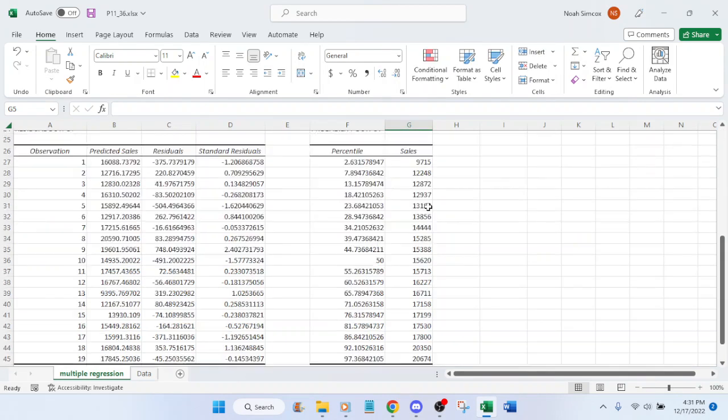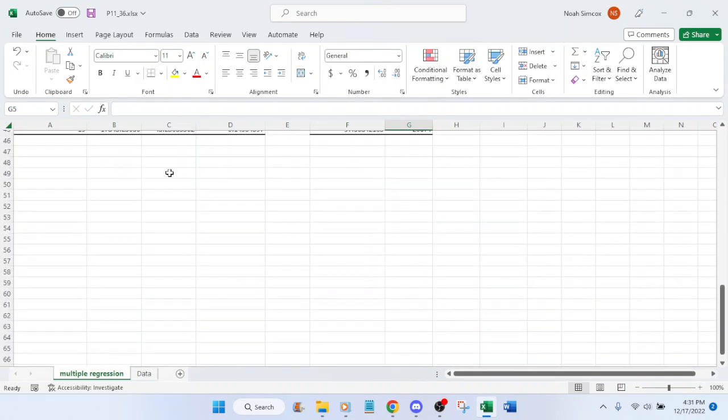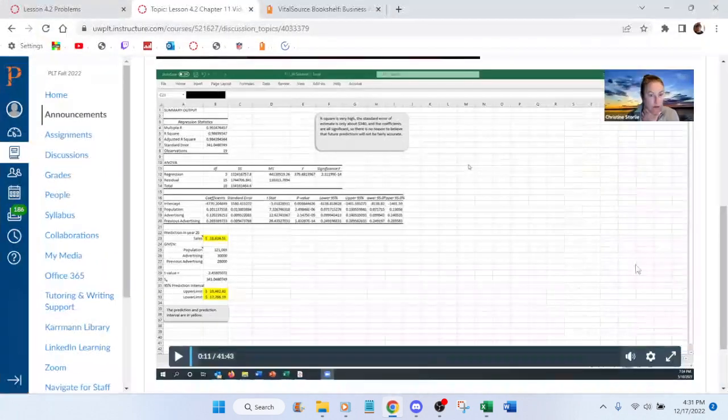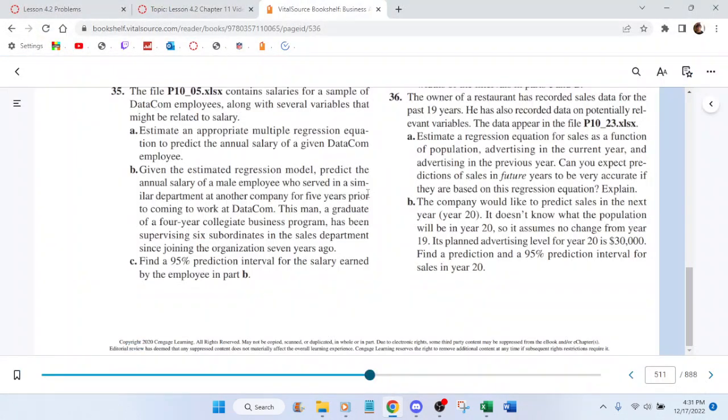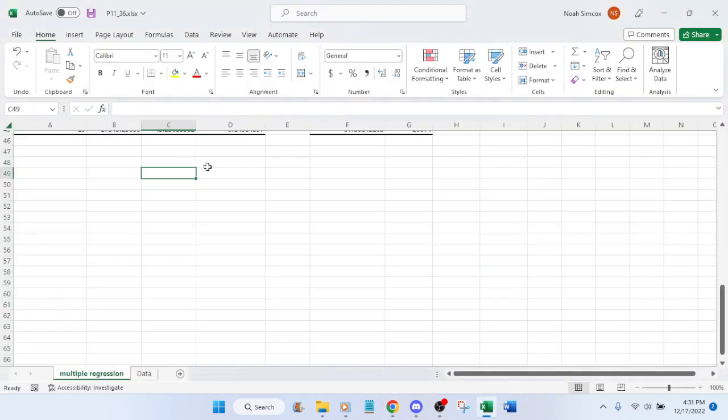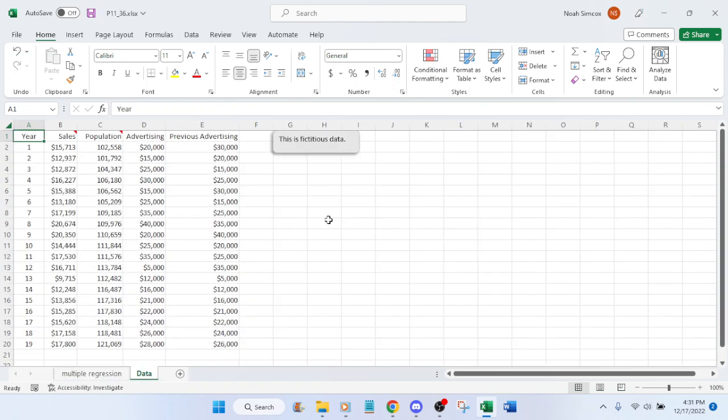Now we have to do the little thing that they're doing down there. It says predict sales in the next year, year 20. How do we predict it?